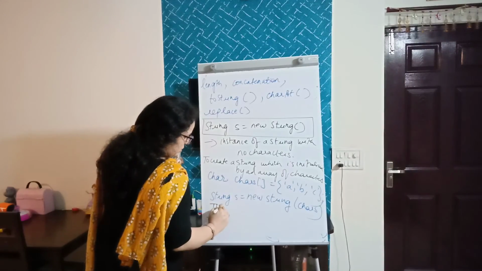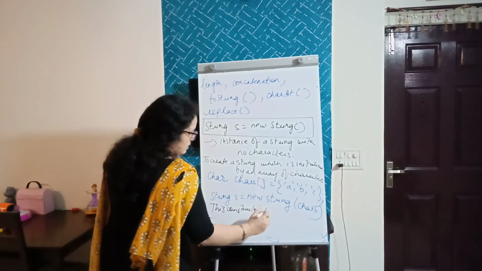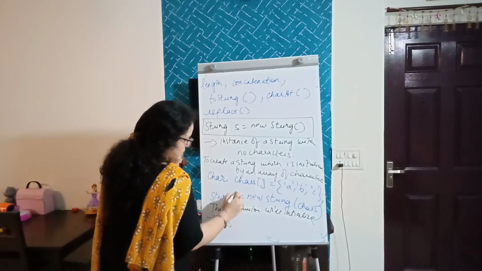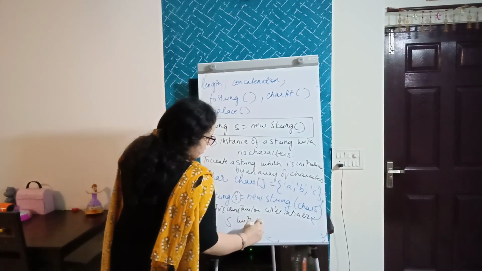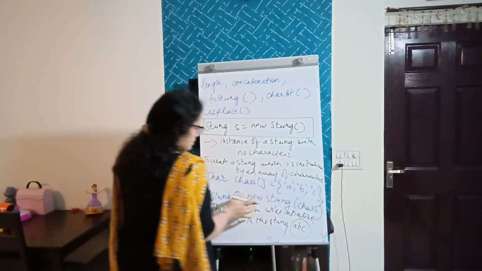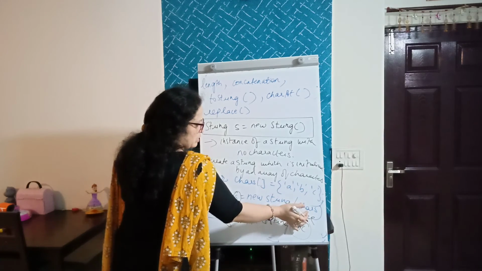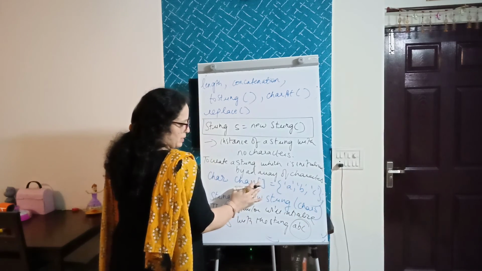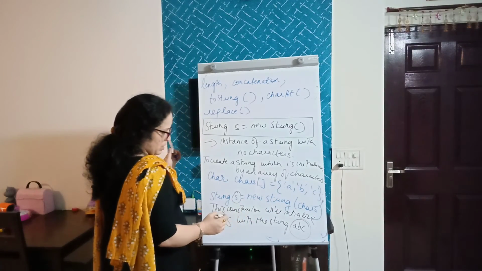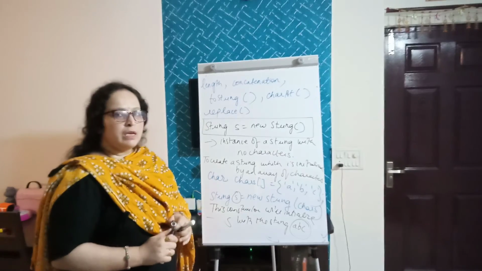Okay, its type is String. String s = new String, type is String. Here you are passing this character array, so character type. So it will initialize this constructor. This constructor will initialize this object s with the string ABC.